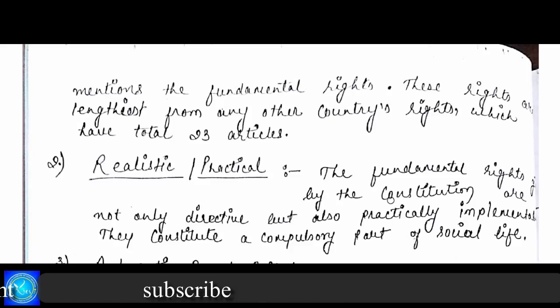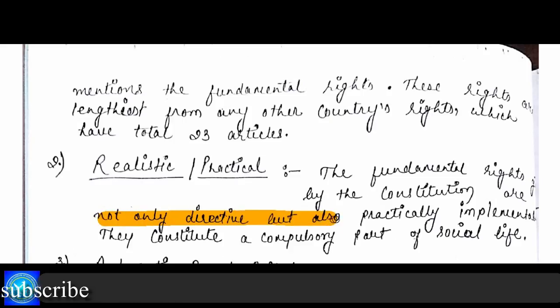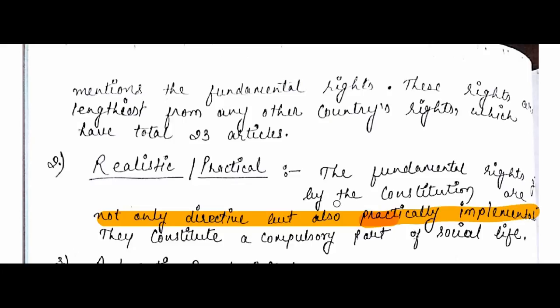That means they are not only theoretical, we do not only read them in any book or any other source, but they are being practically implemented on the citizens of the country.